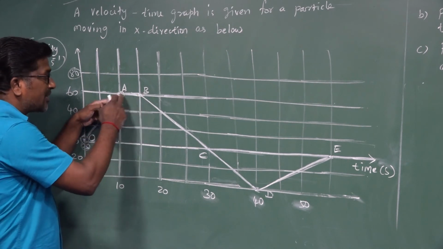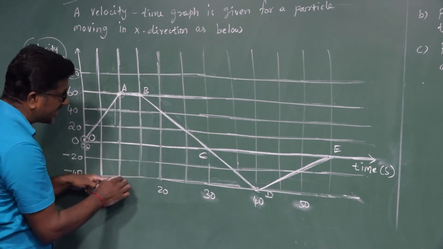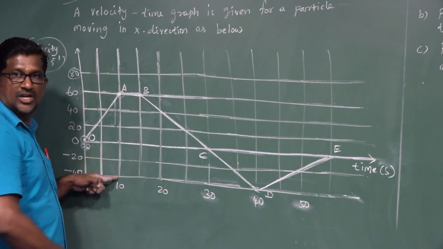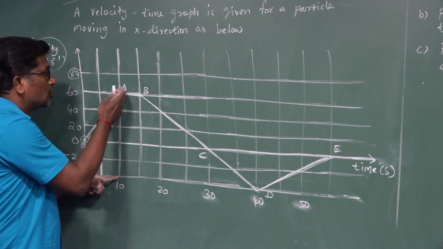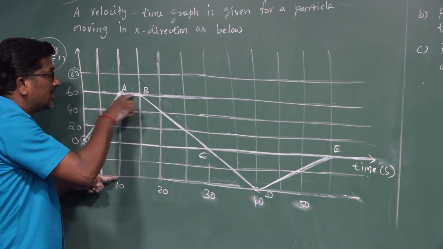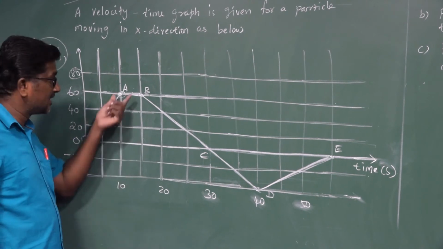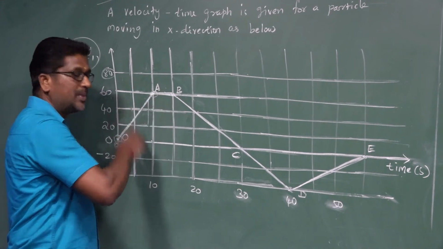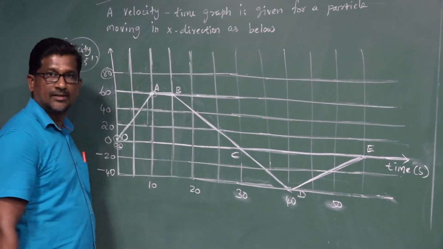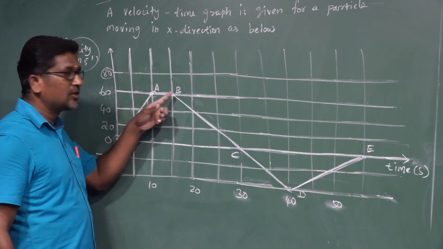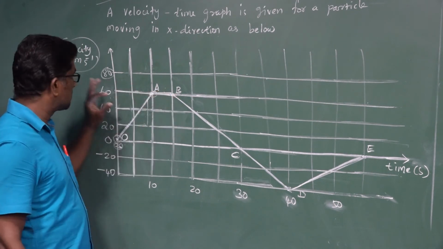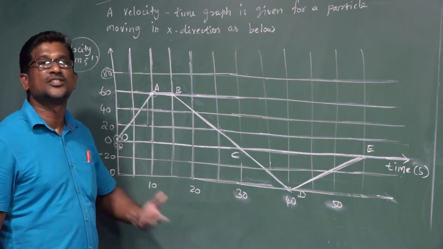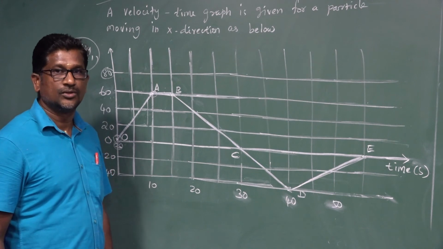But in the region from A to B, that is from 10 seconds to 15 seconds, the velocity of the particle is constant. So the acceleration experienced by the particle in this region is 0.